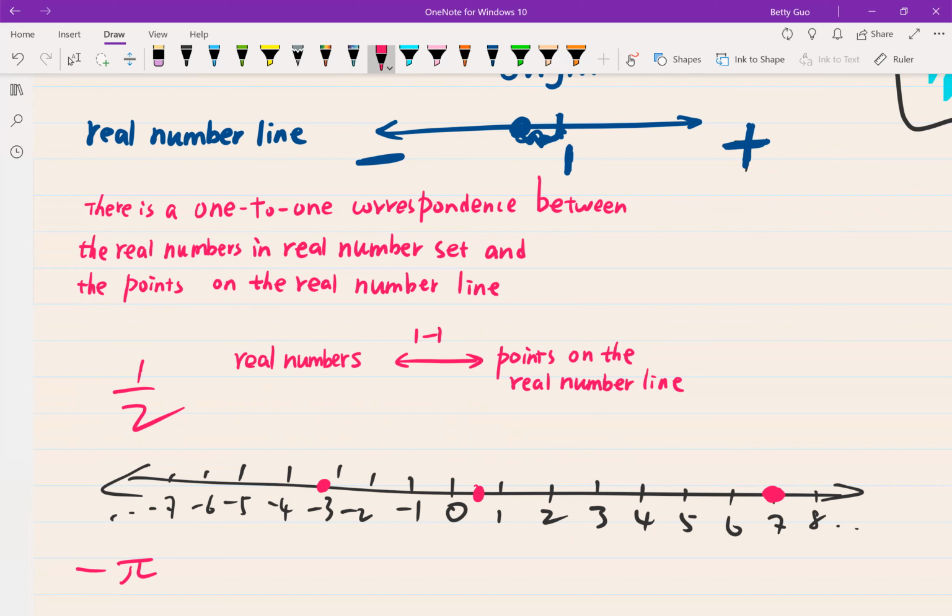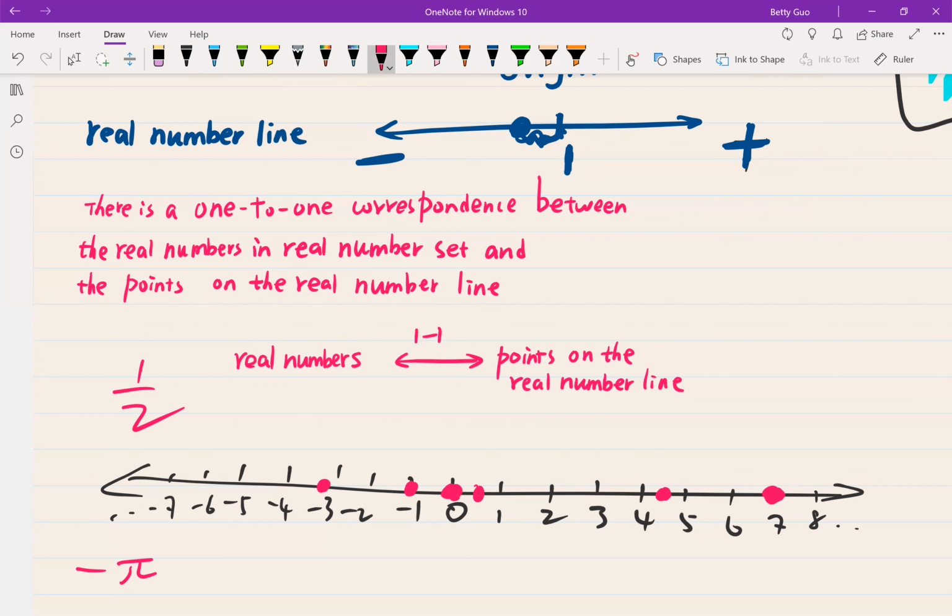For example, when you see this point, you know that's number 7. When you see this point, you know that's number -1. When you see this point, you know that's number 0. When you see a point right in the middle of 4 and 5, you know that point is number 4.5. So what I'm saying is the two things are actually the same thing in different forms.